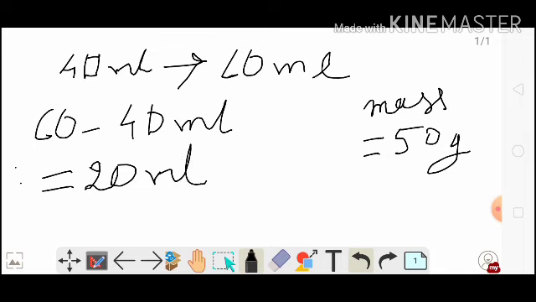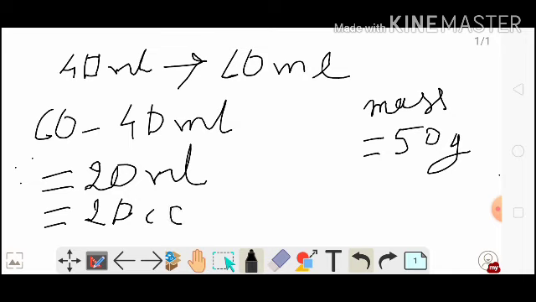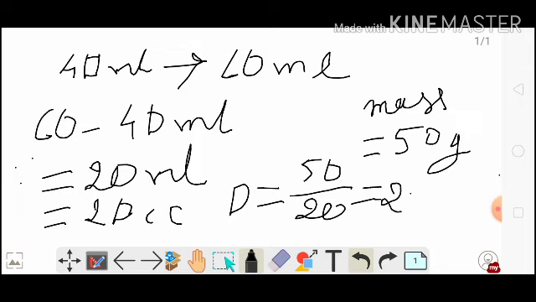So we have volume, we have mass. You already know that 20 ml will be equal to 20 centimeter cube. So density will be equal to mass divided by volume, that is 50 divided by 20, which is equal to 2.5 gram per cubic centimeter or gram per cc.